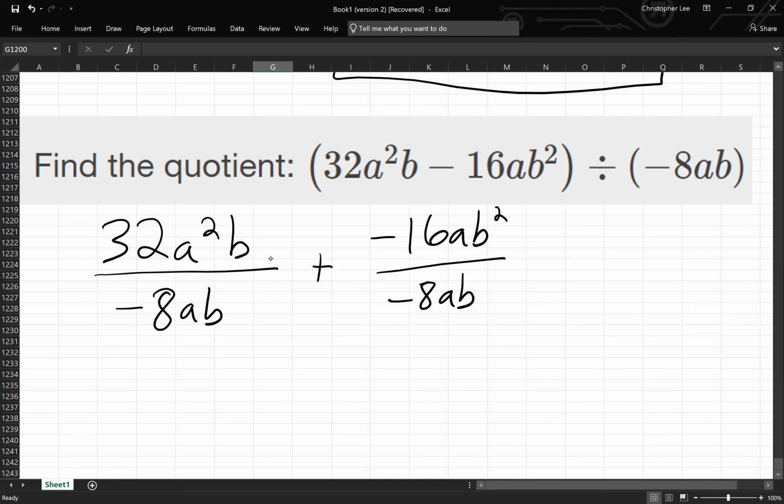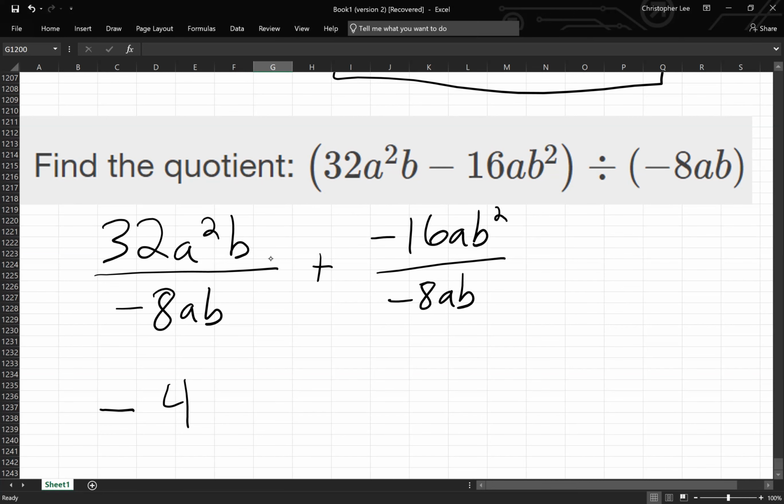Divide them out. 32 divided by negative 8, a positive divided by a negative is a negative, and 32 divided by 8 is, I believe it's 4, right? Yep. So that's 4.